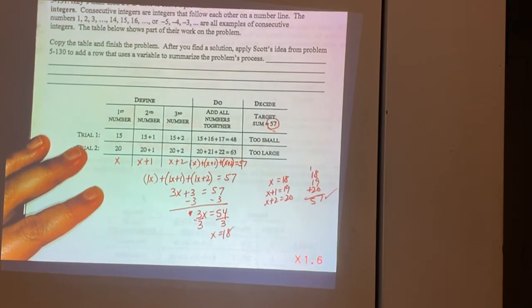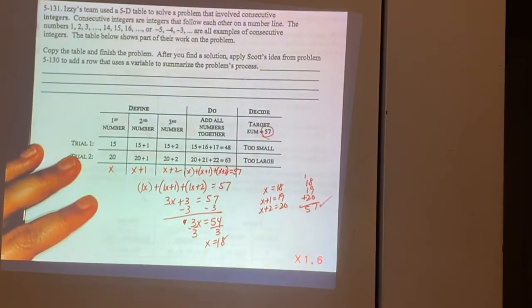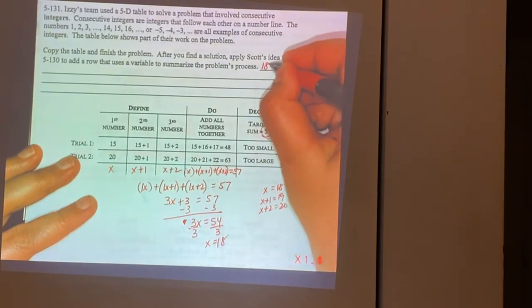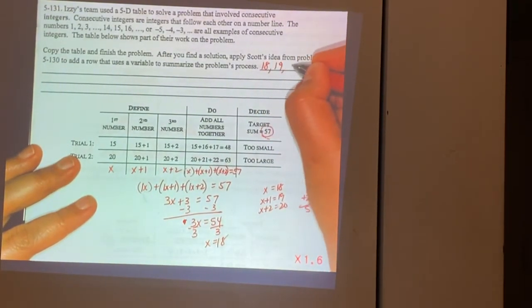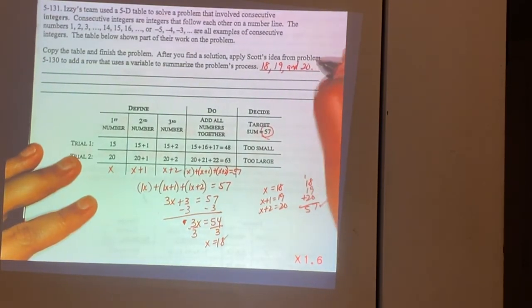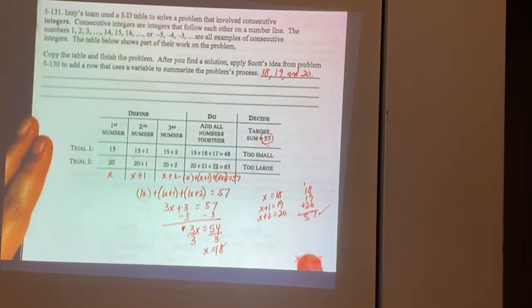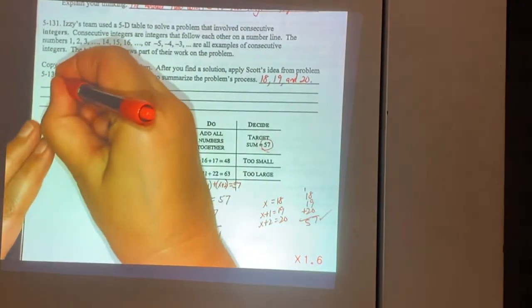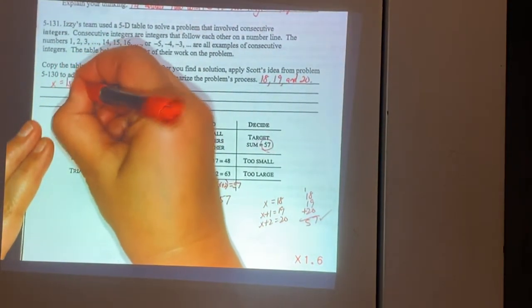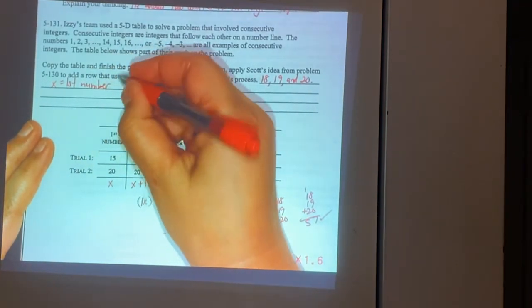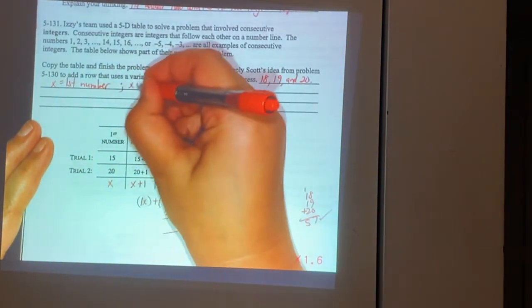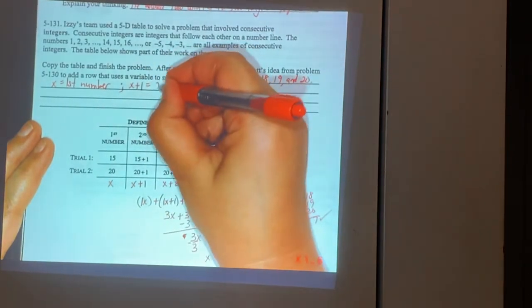Okay, so now let's go back and answer 131. So my numbers are 18, 19, and 20. Okay, so x equals the first number. X plus 1 equals the second number.